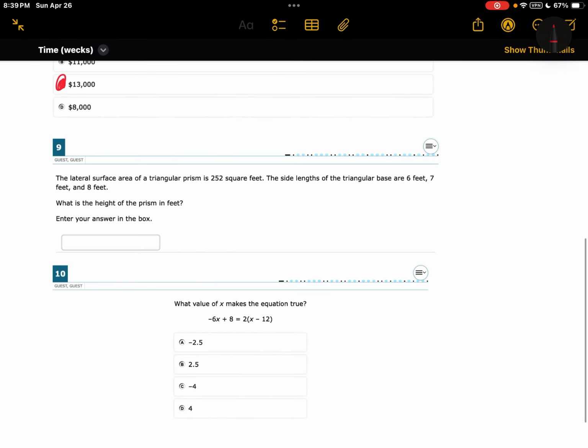Okay, number 9. The lateral surface area of a triangular prism is 252 square feet. So you might want to go ahead and write your lateral surface area formula. Surface area equals perimeter of the base times the height of the prism.